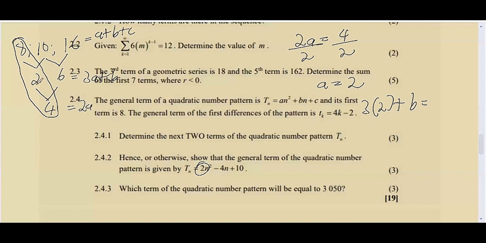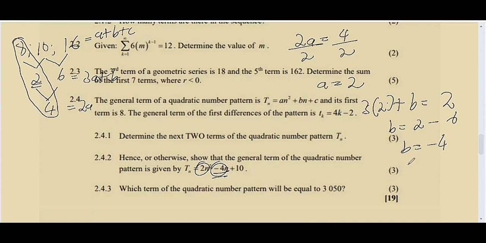Then that is equal to 2. 3 times 2, that's 6. But then 2 minus 6, so b is equal to negative 4. Look at this. Our b is negative 4, and my b here is also negative 4.